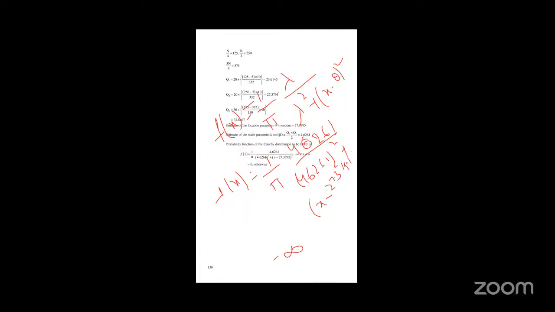The interval for x is minus infinity less than x less than infinity, and 0 otherwise. This is the probability function of the Cauchy distribution.